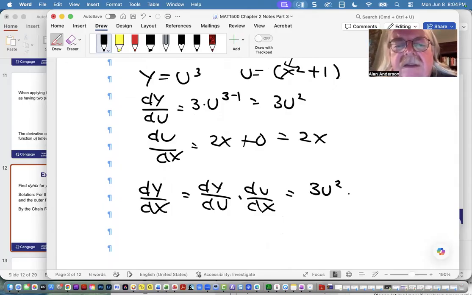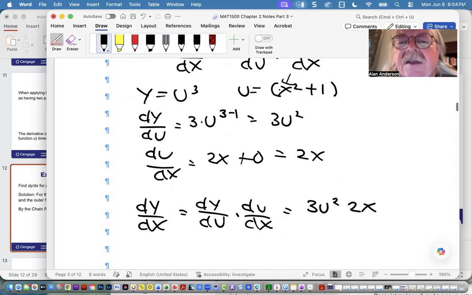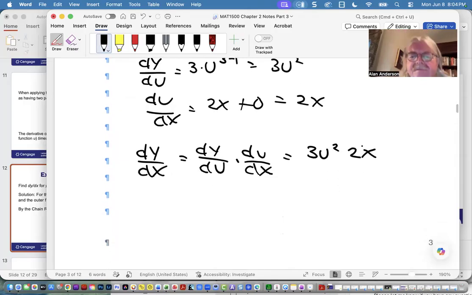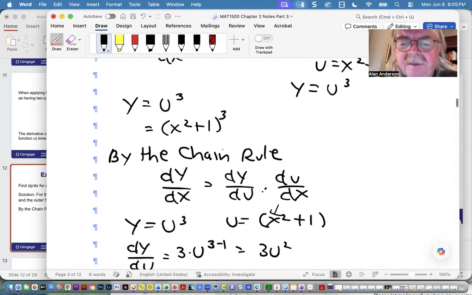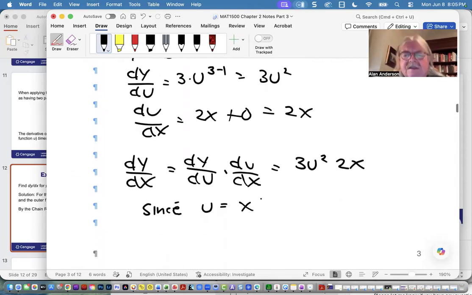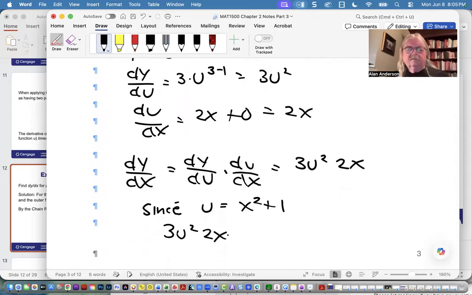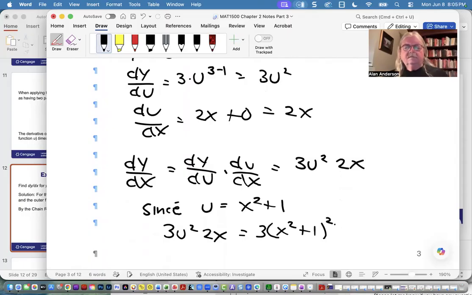3u squared times 2x. But now, if you notice, we got two different variables mixed together. But we do remember that u was defined up here as x squared plus 1. And that's your final answer.